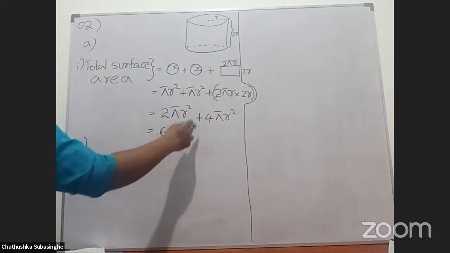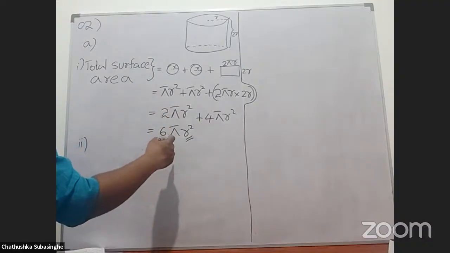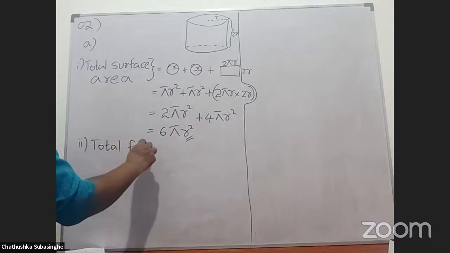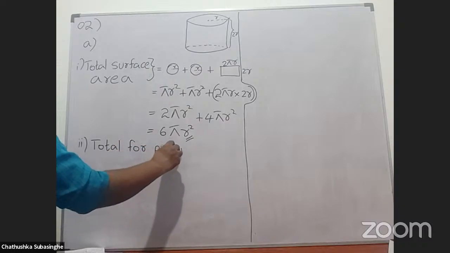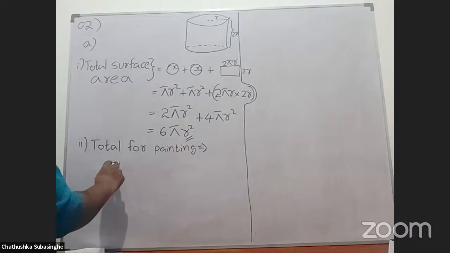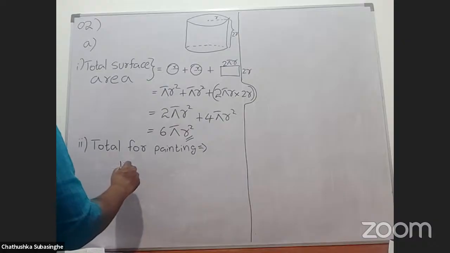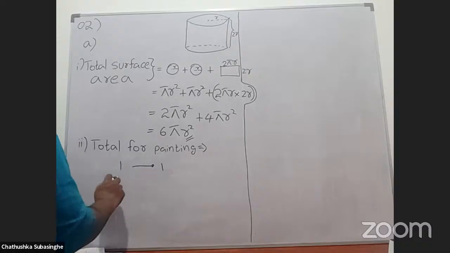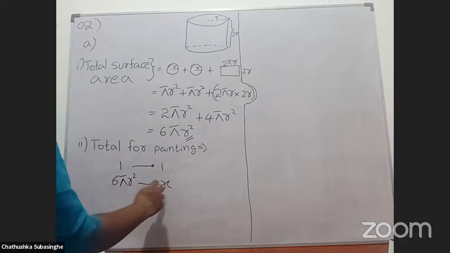So the total cost of painting we can find. Here we have 6 pi r squared. To paint one unit, it costs 1 rupee. So to paint 6 pi r squared units, how many rupees would it take?